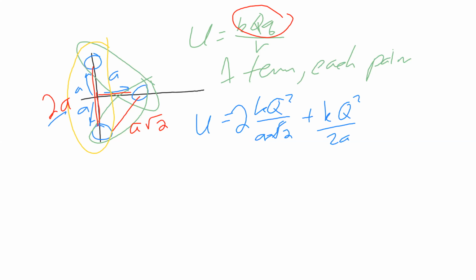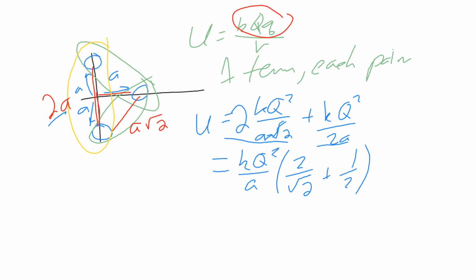The way I would do that is factor out my common stuff. In both cases, we have kq squared over a. So I'd factor out kq squared over a. What would I be left with? For my first term, I have 2 over square root of 2, and in my second term, I just have 1 over 2.